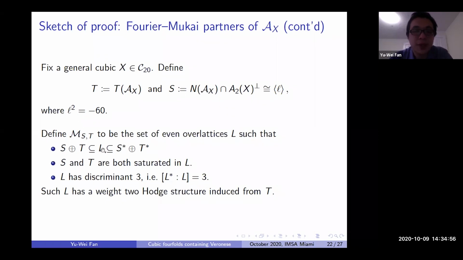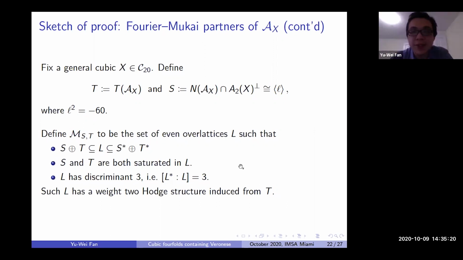L should be in between S plus T and S dual plus T dual, and then this L satisfies the other two conditions. So this lattice L, if it satisfies these conditions, also has a Hodge structure induced from T.